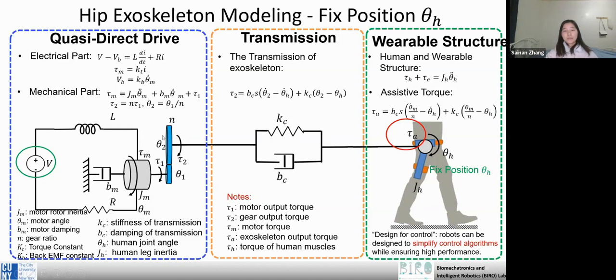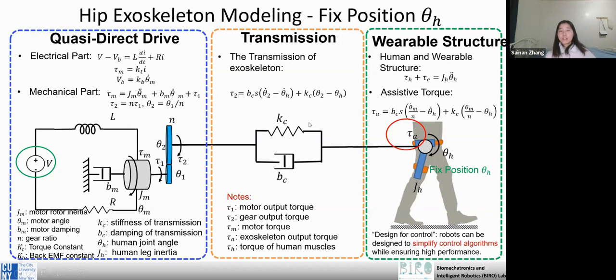For the gear ratio part, there is a relation: tau 2, the gear output torque, equals N times tau 1. N is the gear ratio, and theta 2, the angle of the large gear, equals the small gear's angle over the gear ratio.